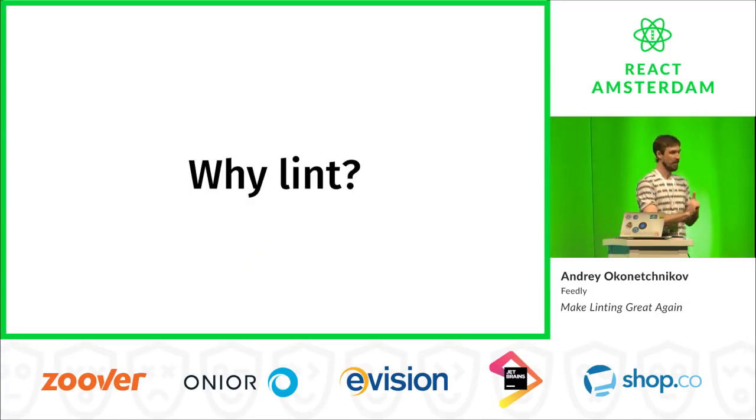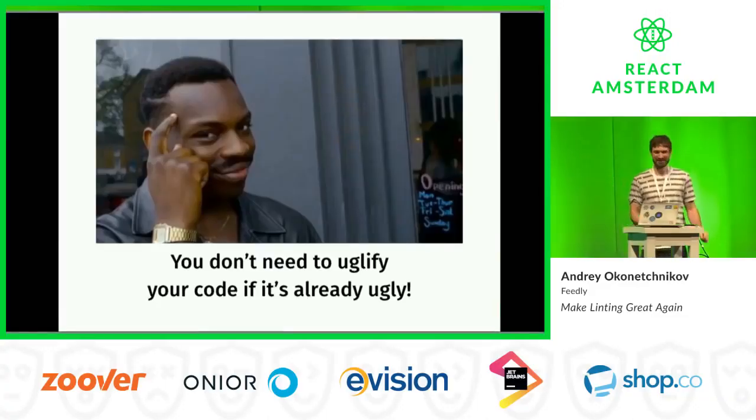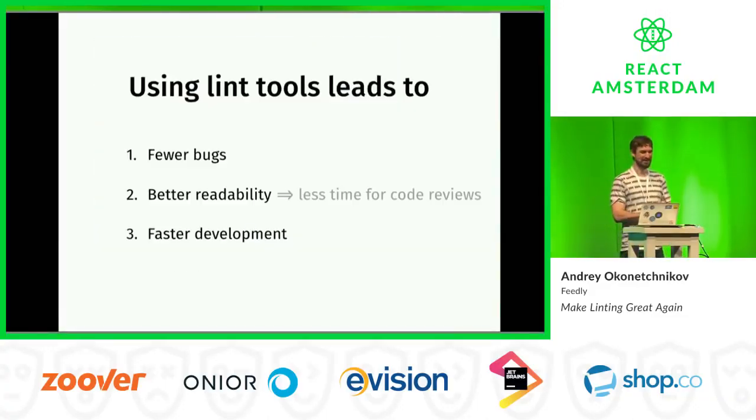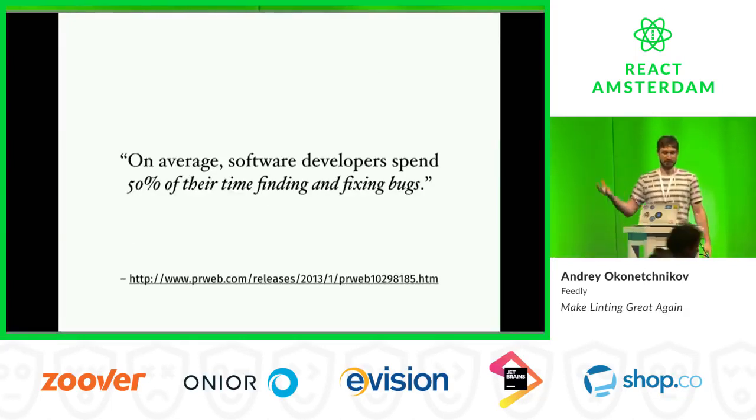So many people might ask, why even lint, right? Because if your code is ugly, you don't need to use an uglifier tool. But using linting tools leads to fewer bugs, better readability, which means less time for code reuse, and faster development. Because as it turns out, on average, software developers spend 50% of their time finding and fixing bugs.